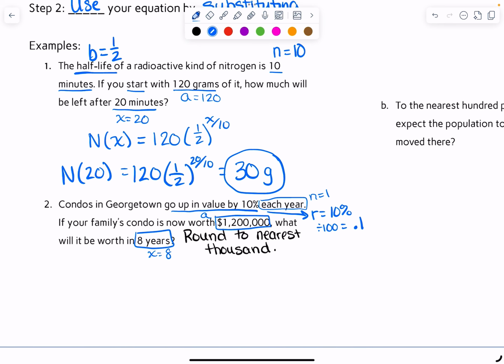So let's start by writing out the general equation for the value of our condo.